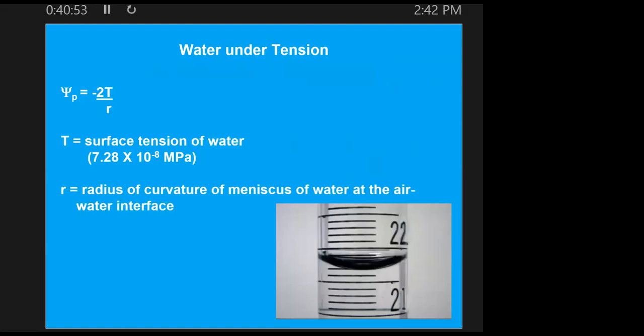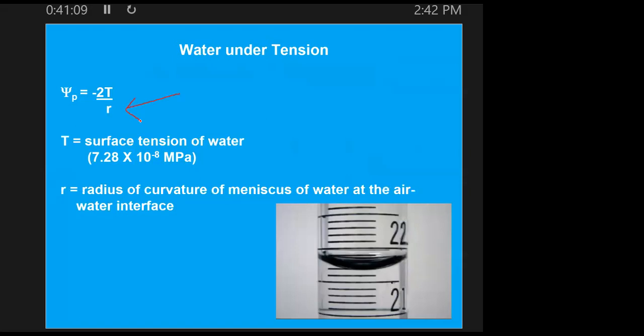So remember, anytime you put a small number in the denominator of an equation, it makes the overall number very big. In this case, it'd be a very big negative number.